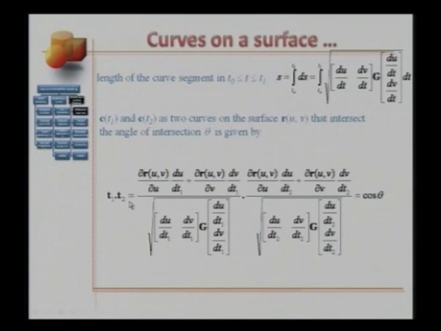T1 is equal to partial r over partial u times du over dt1 plus partial r over partial v times dv over dt1, over the square root of the row (du over dt1, dv over dt1) times G times du over dt1, dv over dt1 arranged in a column.